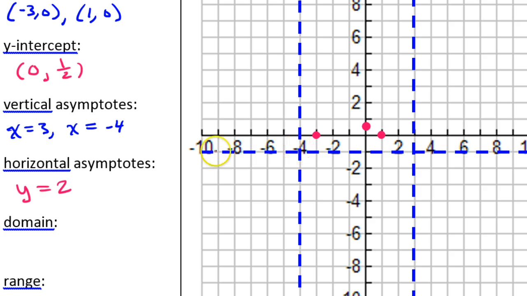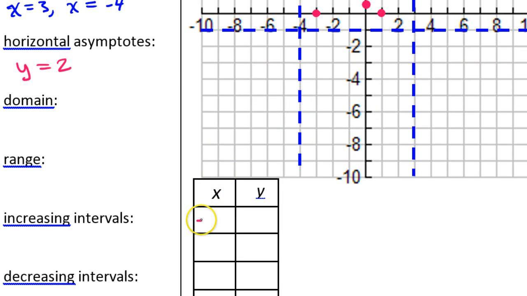So I need a few values to the left, a few values in the middle, and a few values to the right. But the first values I always pick are within decimals of the asymptote on either side. So if my asymptote is at negative 4, if I went a little bit more to the left, that would be negative 4.5. So I definitely want to use that. If I went a little bit to the right of the asymptote, that would be negative 3.5. So I definitely want to use that.